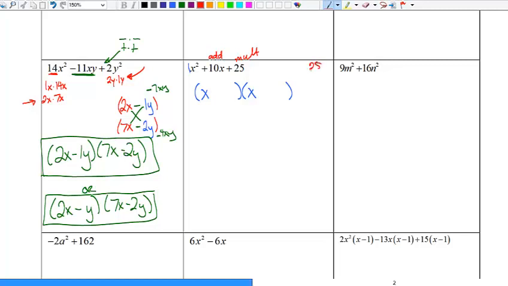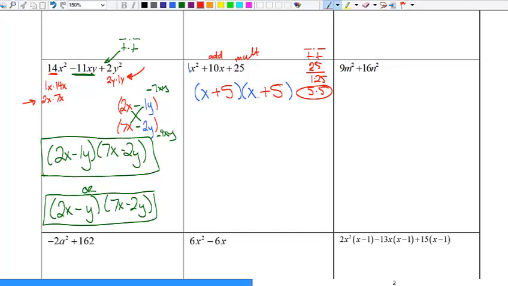So my factors of 25 are 1 times 25 and 5 times 5. With both of the same signs, either positive times a positive or a negative times a negative, which one of these adds to 10? Well, looks like 5 and 5. Plus 5 will multiply to 25 but add to 10.